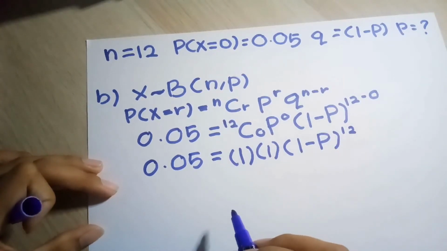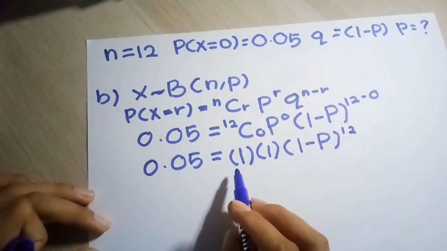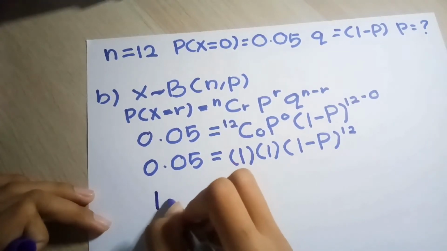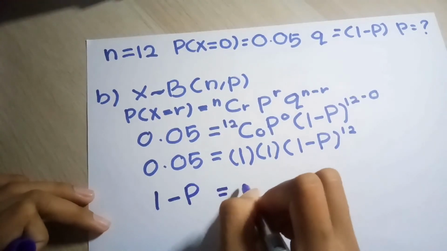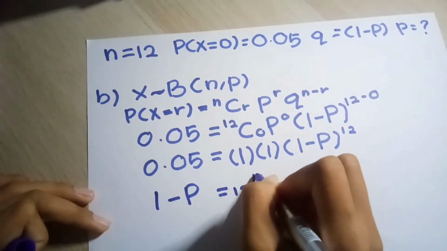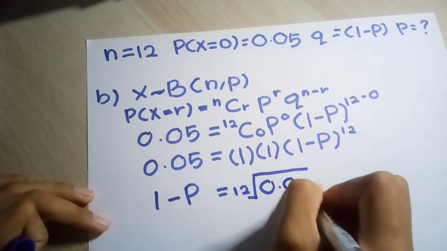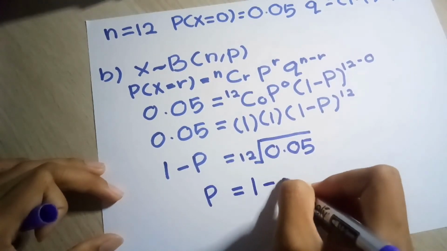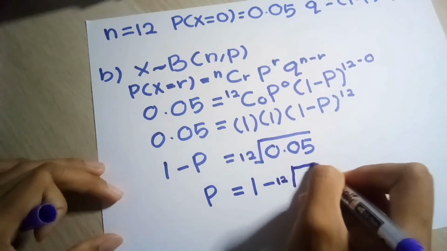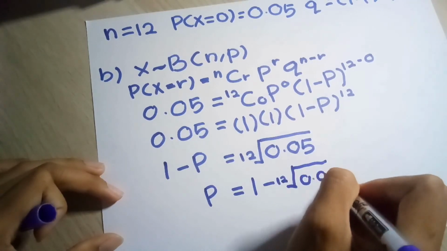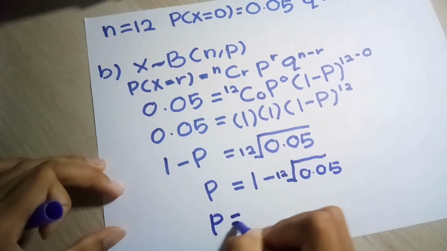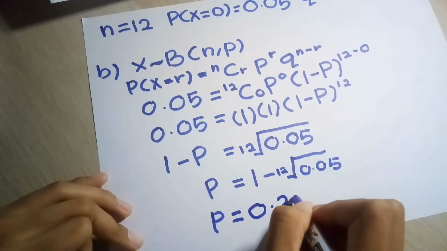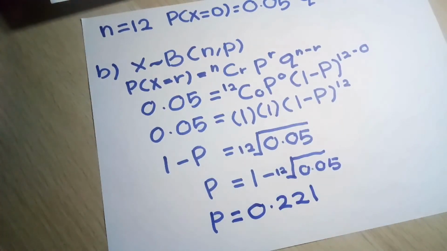And we need to solve this question to get our p. And our answer is 0.221 in 3 decimal places.